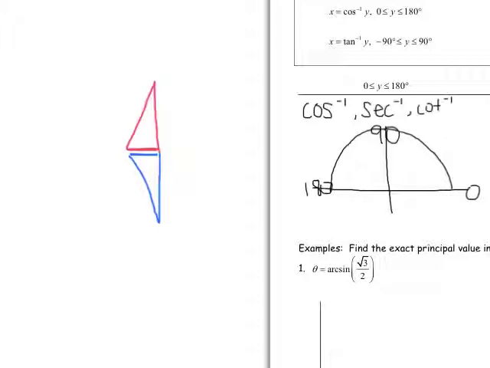And that's precisely why we have to restrict the range: when we talk about the principal inverse value, I only want one principal answer. So I'm going to say, only give me the answer that's somewhere between 0 and 180. Don't give me the other answer. Just give me that first answer that you would have, and that would be from 0 to 180. And so that's why we use this one triangle.